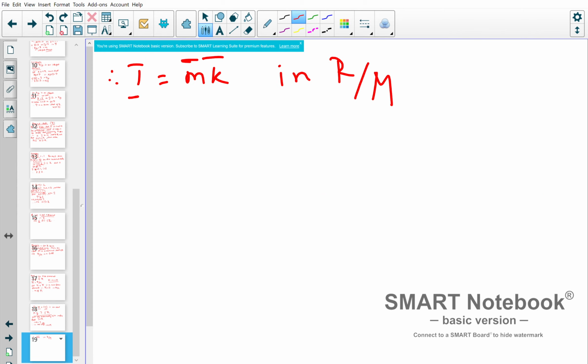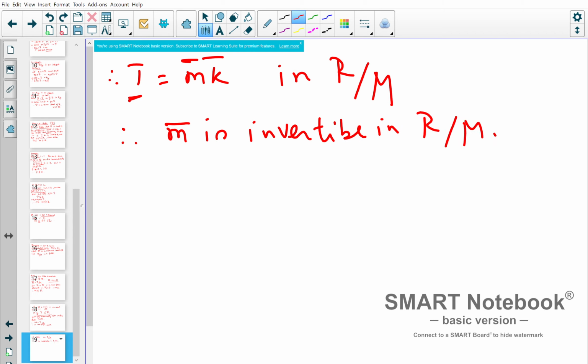But 1 bar is the identity, the unity, inside R mod M. So that means m bar is invertible in R mod M.